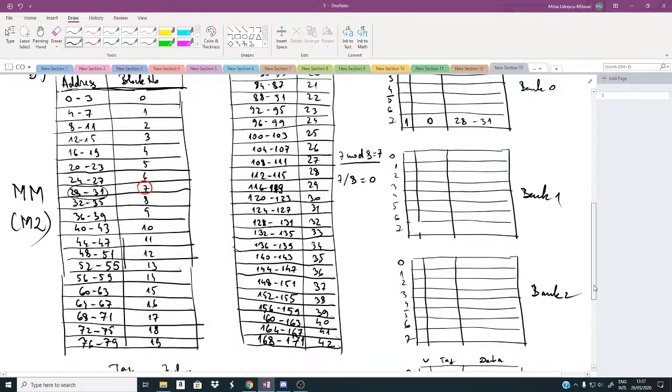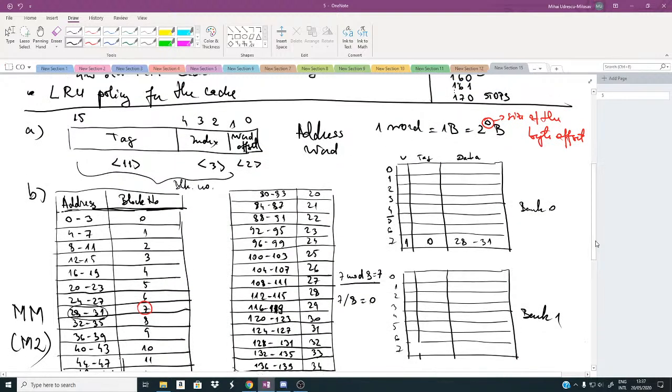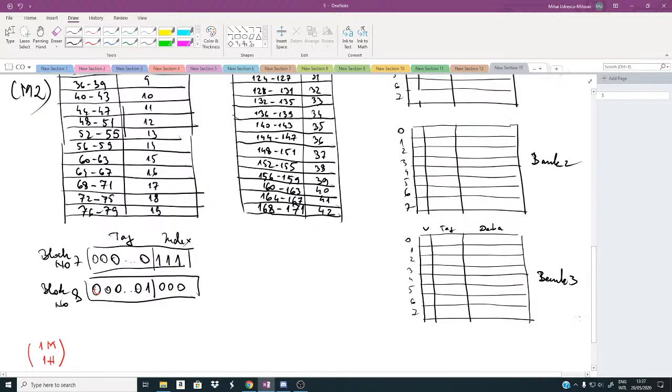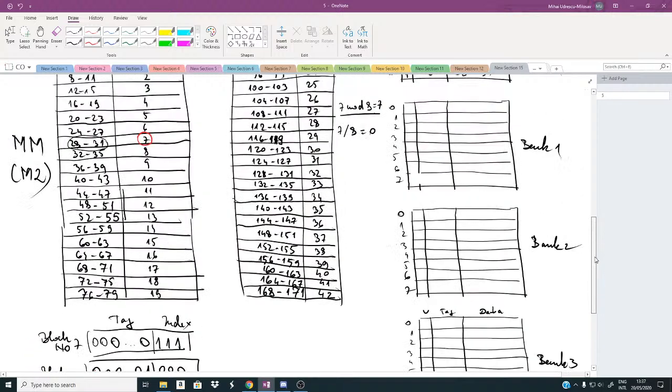So the processor needs 32, and it's not there, but it brings it here at index 0. The tag is 1, and there you have 32 through 35. So 32 is a miss, obviously, but the next instructions, 33, 34, and 35, are all hits because they are already in the cache.